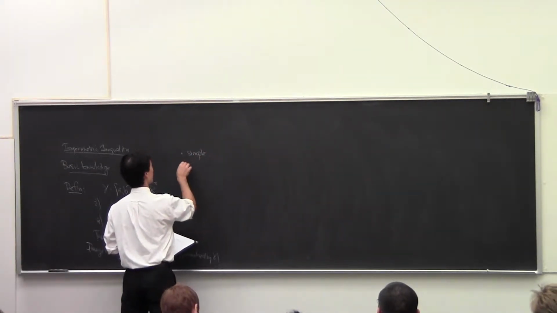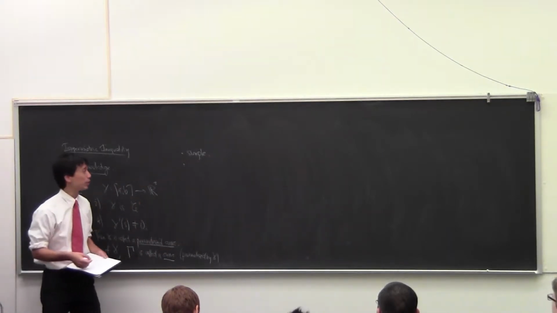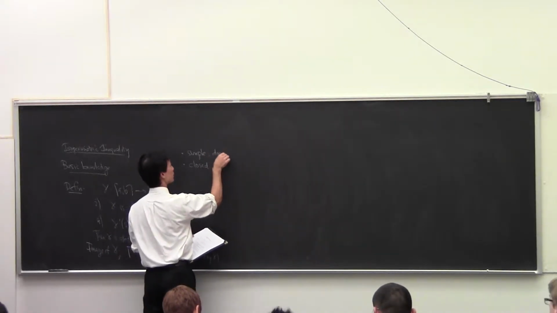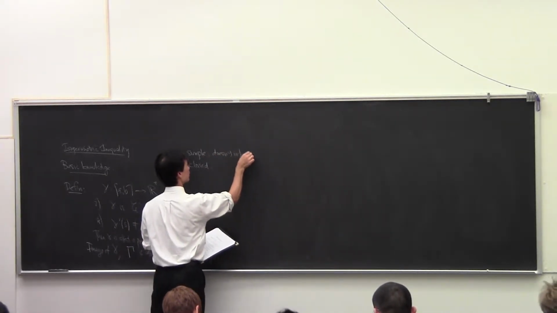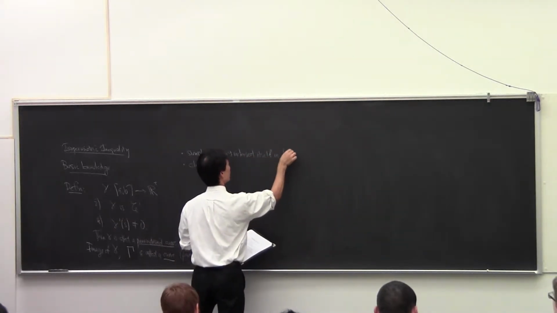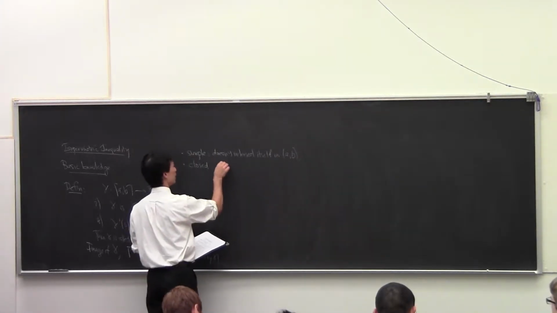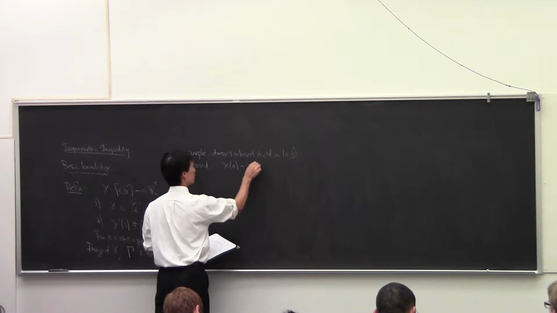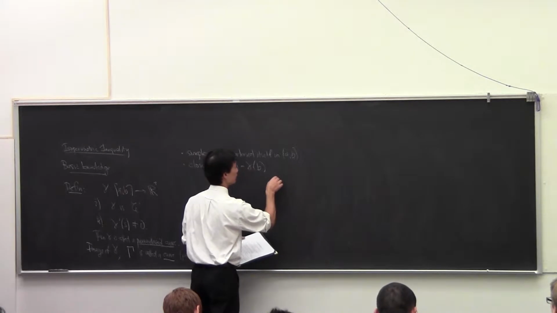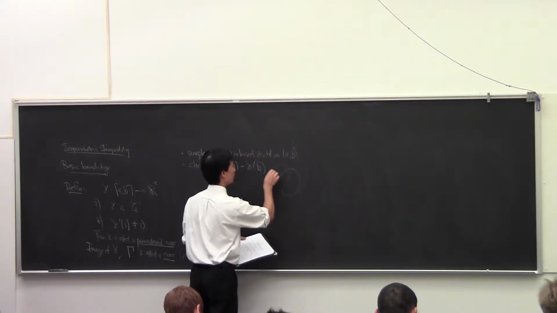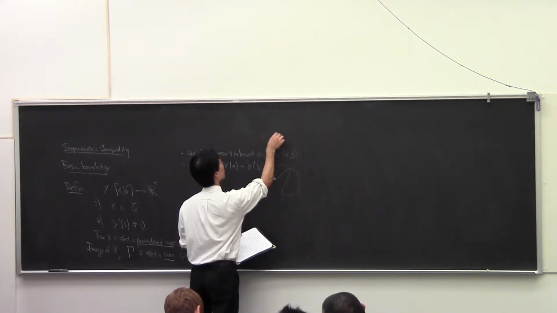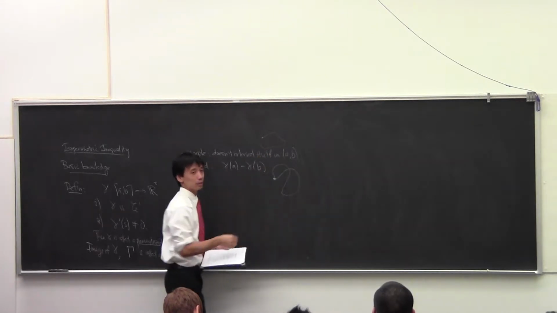Simple curve means it doesn't intersect itself in the interior of (a, b), and closed means that gamma of a is gamma of b. It starts and ends at the same place. Simple means that it cannot intersect itself, although it could intersect itself at the very end.